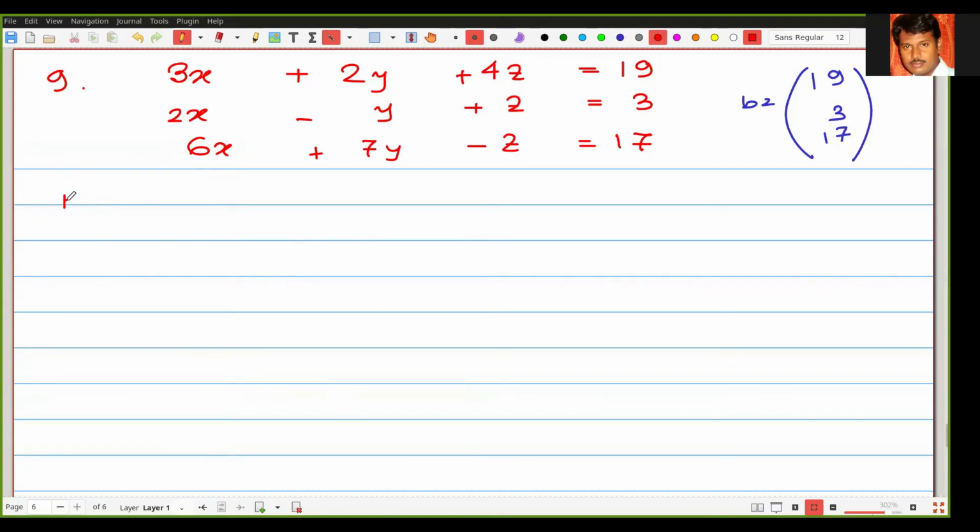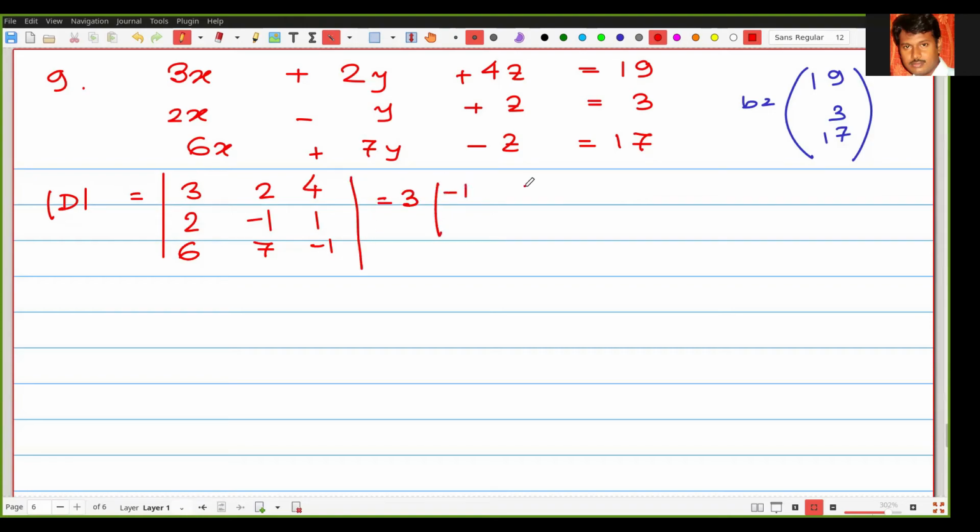So what is the value of D? According to the coefficients, 3, 2, 4 is our first row, second row 2, minus 1, 1, and third row 6, 7, minus 1.